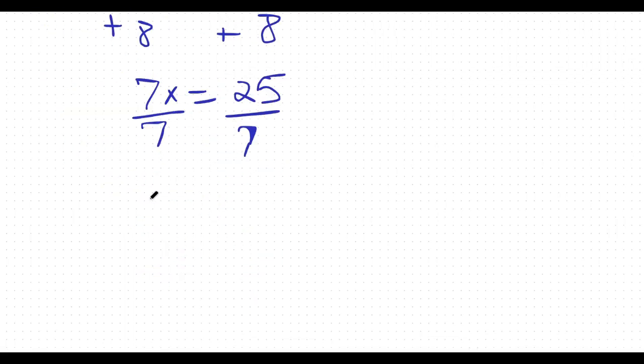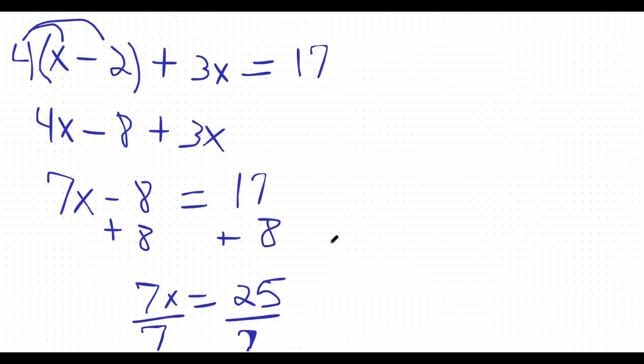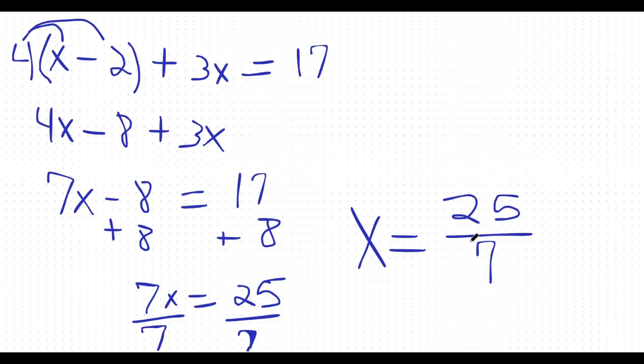Okay, so the best way to express this number is going to be as x equals 25 over 7. We're going to look and see if we can simplify that number in any way. 7 is a prime number, so it is not divisible by anything.